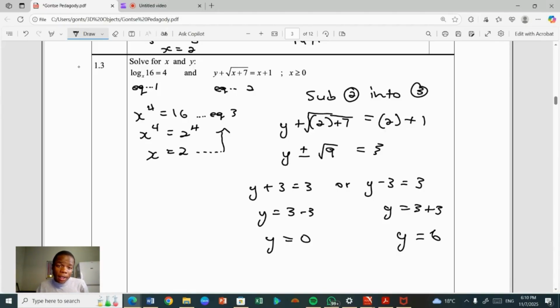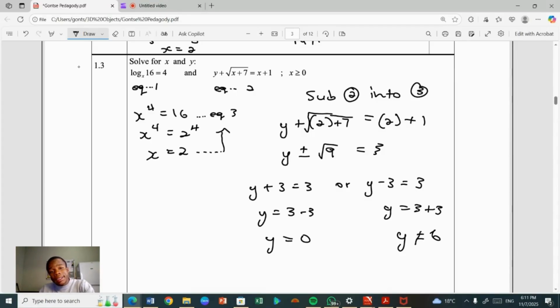So if you put y is equal to 0, then you have 0 plus square root of 2 plus 7. So is this our answer, or is this not our answer?